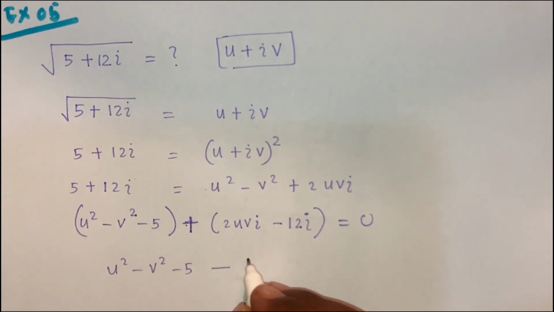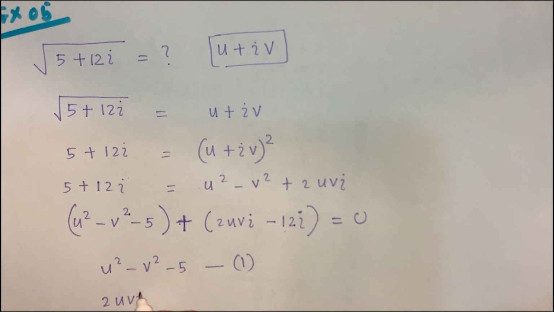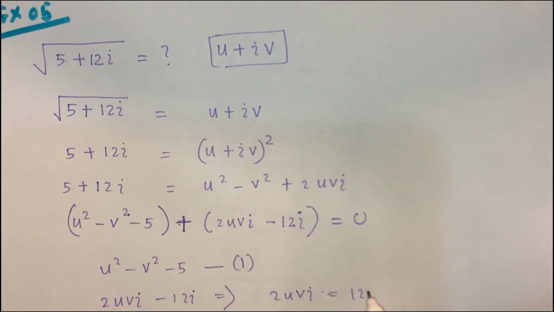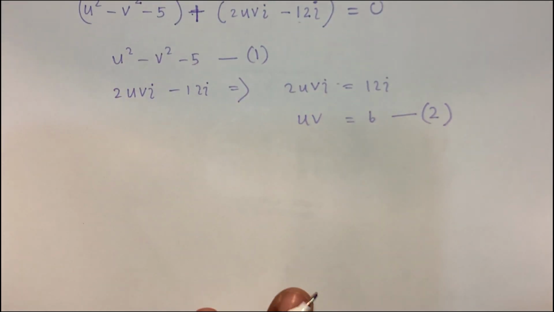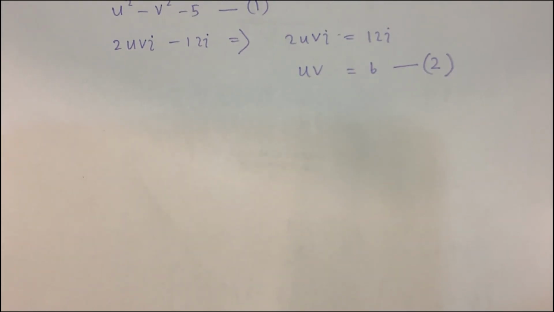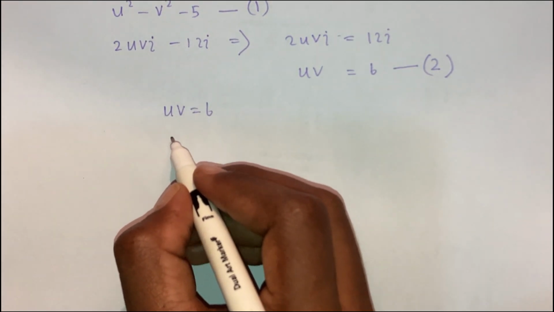I get this formula as 1. And 2uvi equals 12i, uv equals 6. This gives us 2. Then v equals 6 over u.